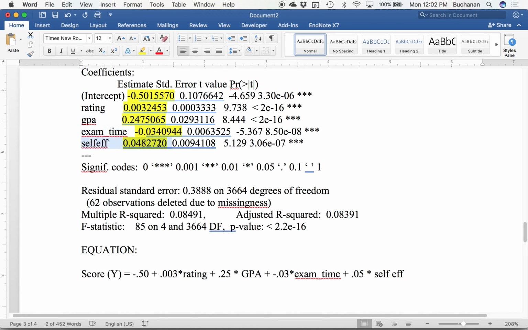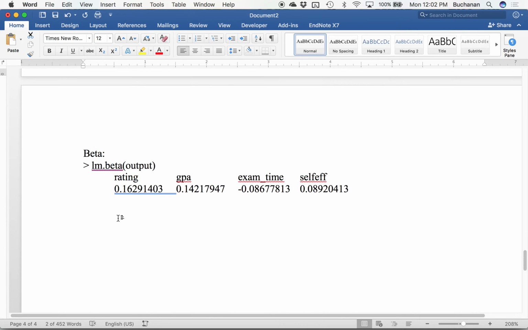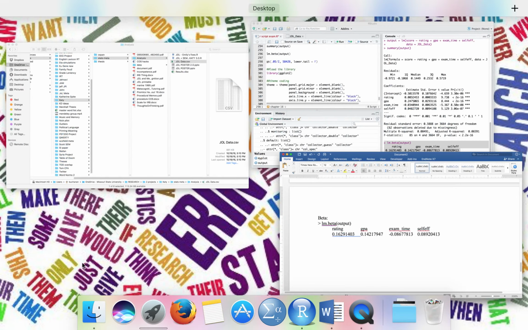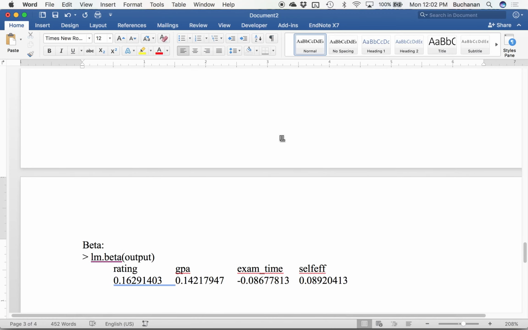And as I have more self-efficacy, I do better on the exam, so my scores are higher. That kind of makes sense. I feel like I'm doing better, I have a better GPA, and I have the confidence that I'm going to do better. But that last exam is harder than the first exam. All right, so that was step 3.